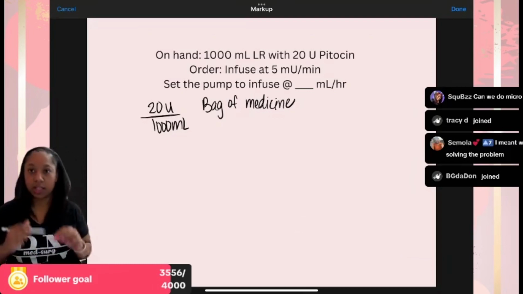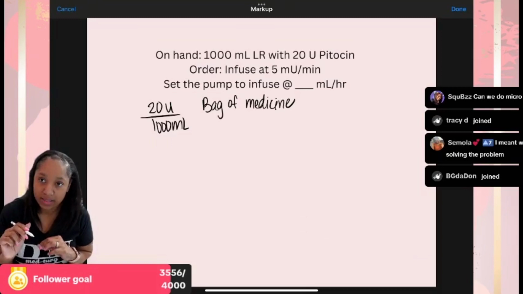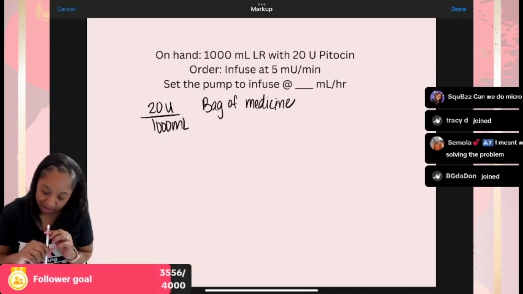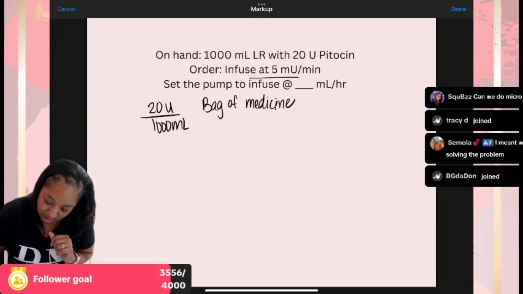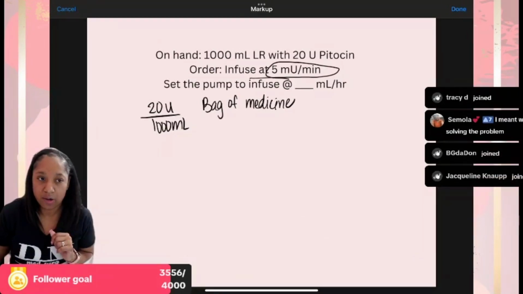We have to set the pump to a certain rate. The rate that is prescribed is this, milliunits per minute. So we've got to go from milliunits a minute to milliliters an hour, okay?